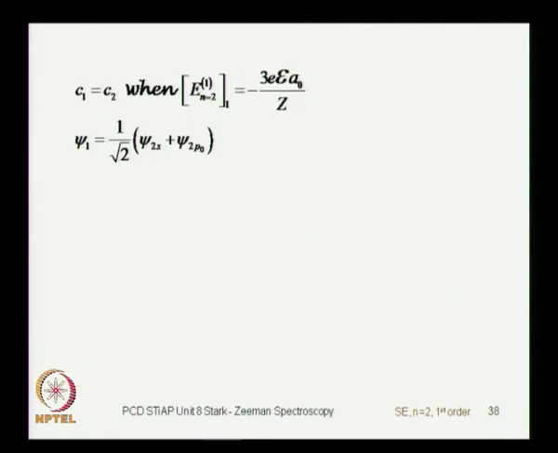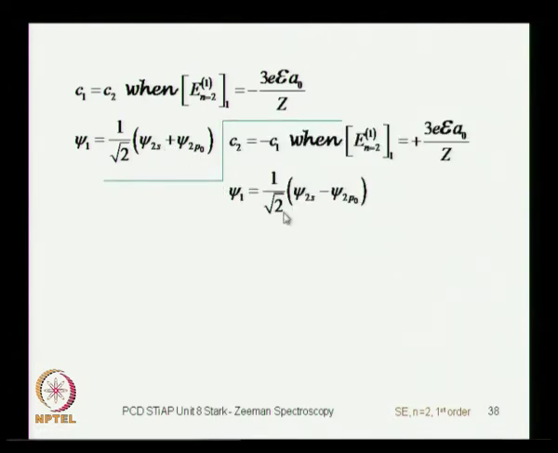Those are the two solutions that you get. One solution is 1 over root 2 times the superposition of the 2s and the 2p0 state, and the other is also a superposition of 2s with 2p0, but with a minus sign. The weight factors are 1 over root 2 in both cases, but in one case the superposition is in phase, in the other it is out of phase.